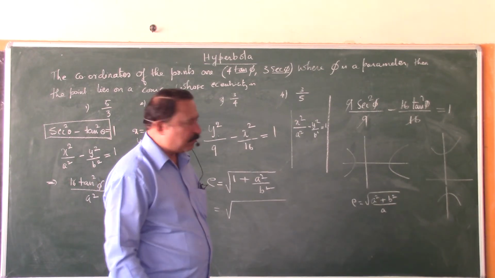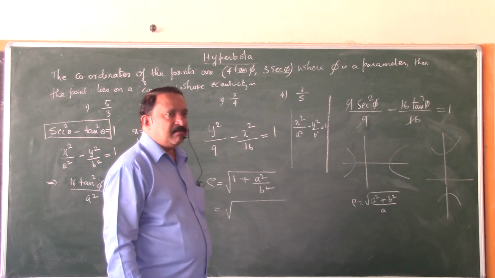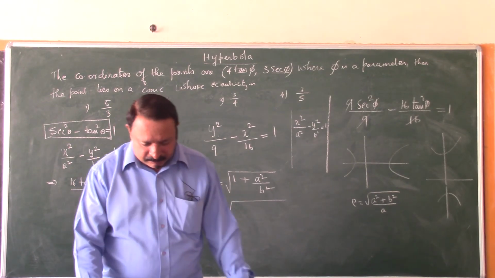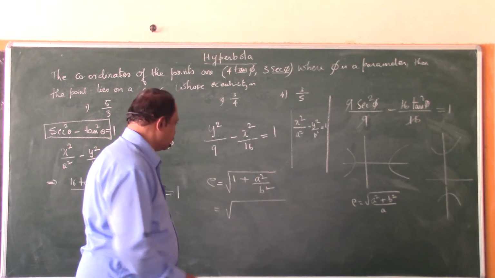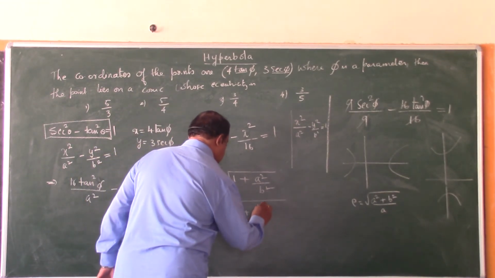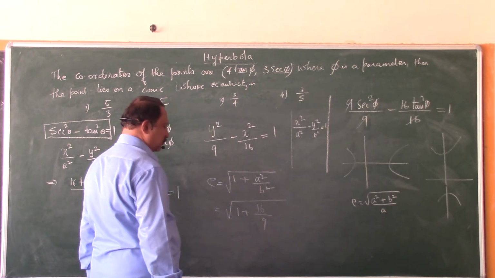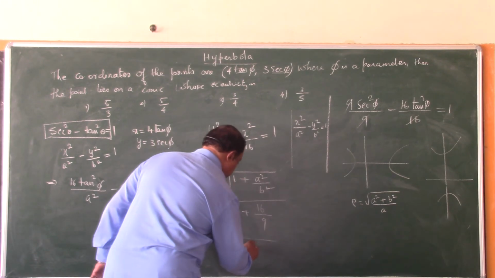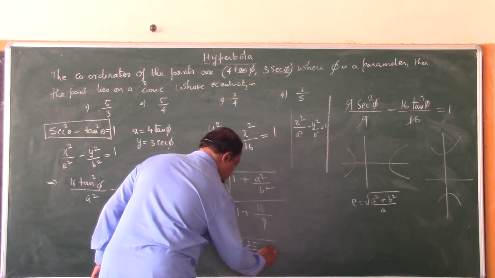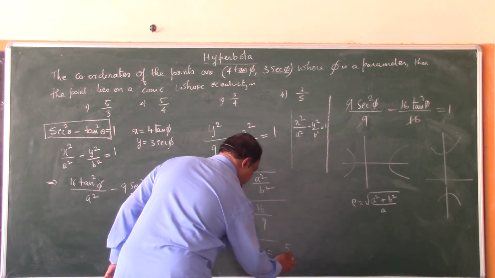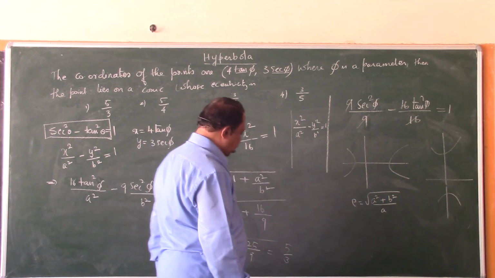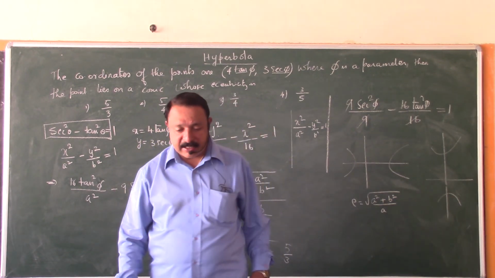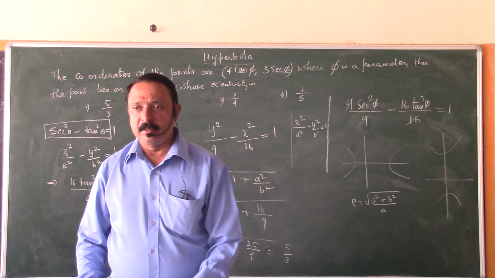So it is square root of 1 plus 16 by 9, that is square root of 25 by 9, that is equal to 5 by 3. And note that eccentricity is greater than 1.